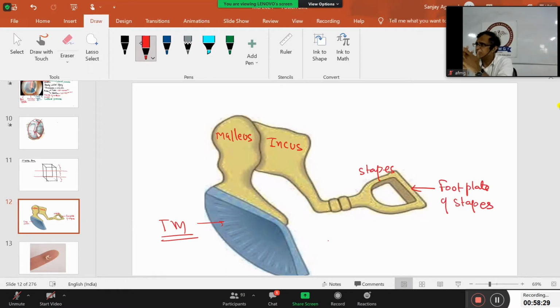Now, if you have 3 ossicles, which are bones, how many joints do you expect? 2. 2 joints. 3 ossicles will have 2 joints. 1 joint is this one. See, this is a joint between the 2 ossicles, and 1 joint is this one between these 2 ossicles. 2 joints.